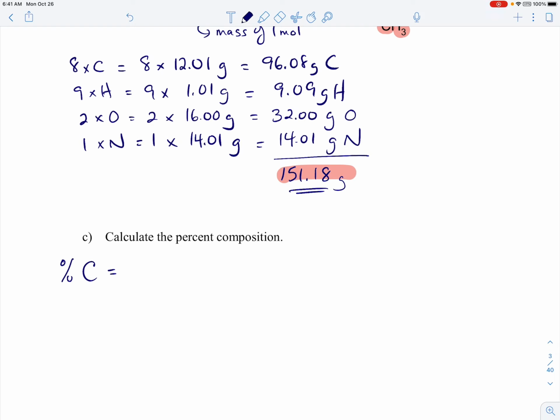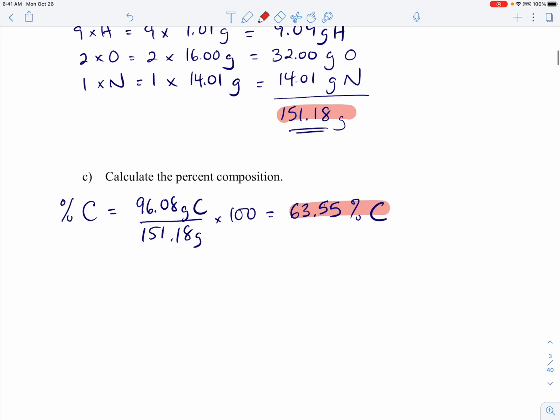From up above, we can see we have 96.08 grams of carbon. And the molar mass, the total mass, was 151.18 grams. And we times by 100 to get a percentage. So that's going to be 63.55, keeping 4 significant digits, according to our significant digits rules, percent carbon.